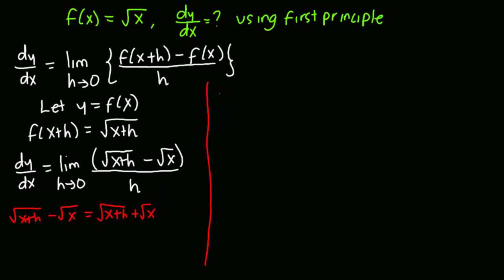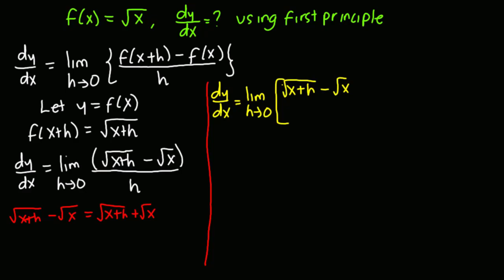So dy/dx becomes equal to limit as h approaches 0 of square root of x plus h minus square root of x.